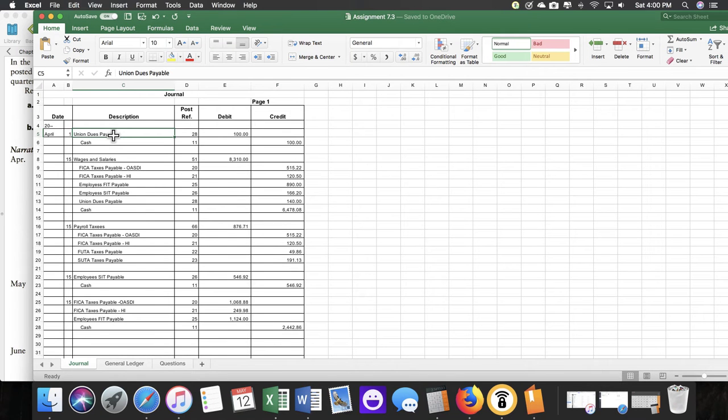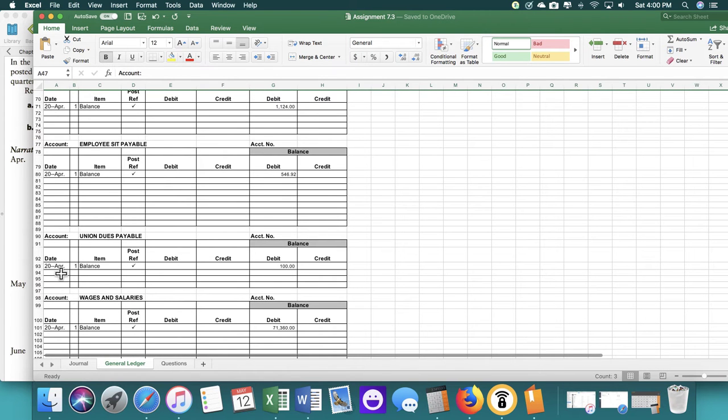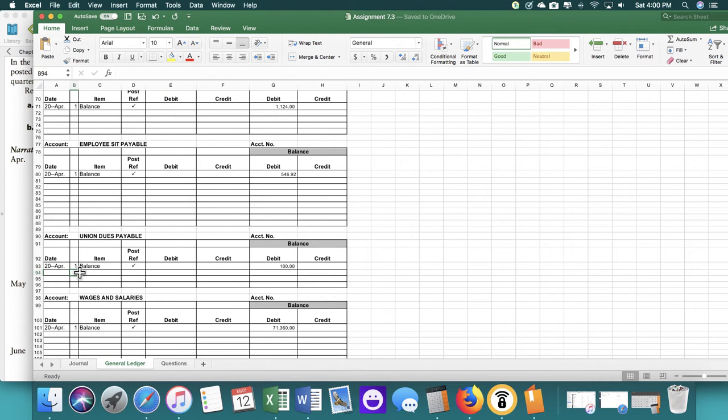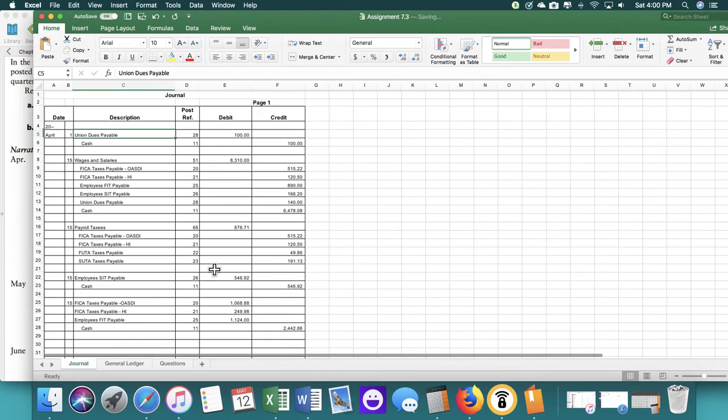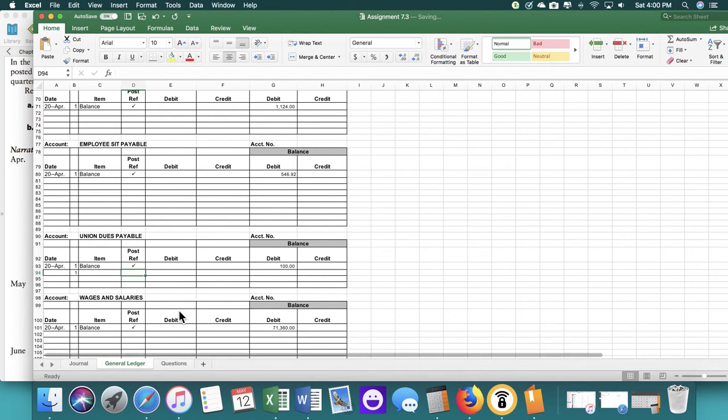So the first transaction is April 1st, and it's union dues payable. So we'd go to union dues payable, April 1st, post reference would be the journal page. In this case, it would be page 19. And it is $800, which would give us a balance of 0.